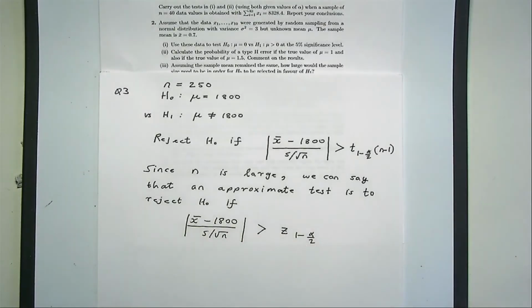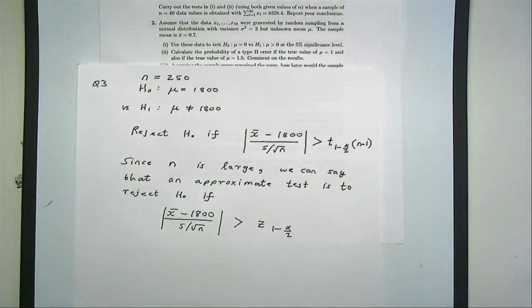That's because for a large n, we can approximate the student's t distribution by a normal distribution. In fact, one of the properties I mentioned in the video on student's t is that as n approaches infinity, the student's t distribution approaches the standard normal distribution.